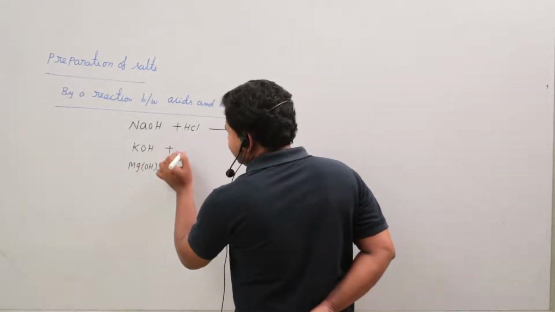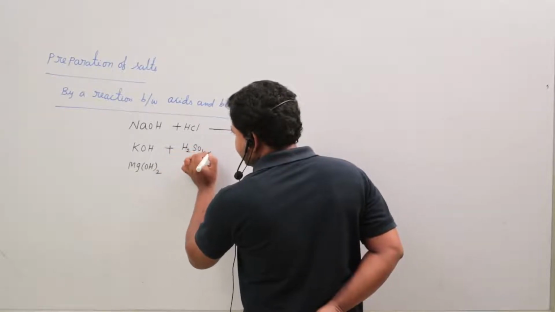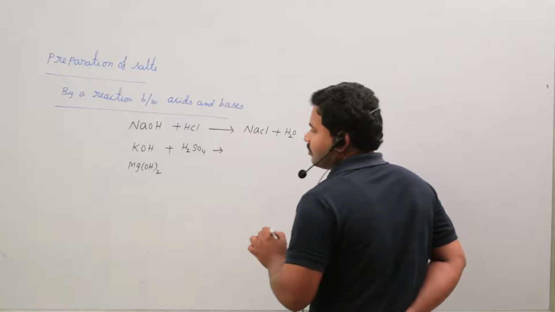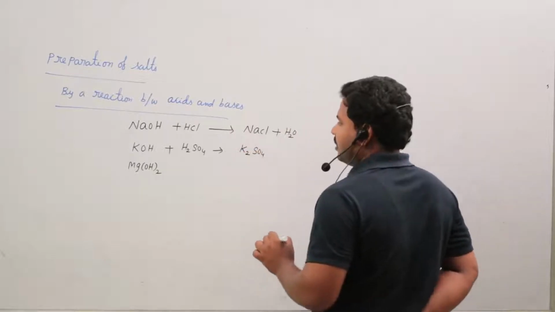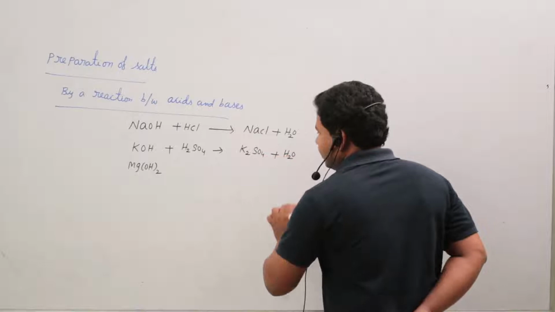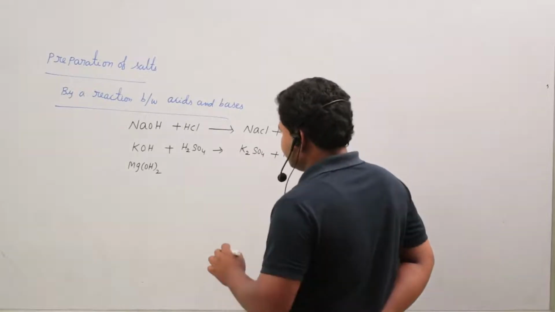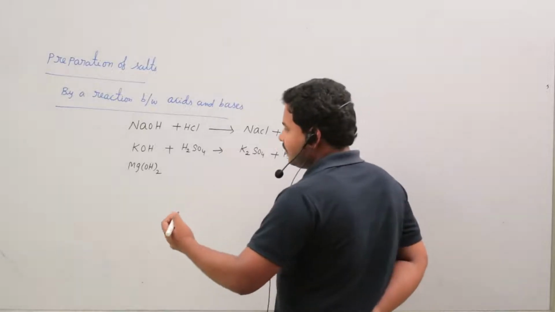Potassium hydroxide is reacted with sulfuric acid to the formation of potassium sulfate. Potassium sulfate formula is K2SO4 and water is produced. How to balance this equation? Now we can take 2 in front of potassium hydroxide.